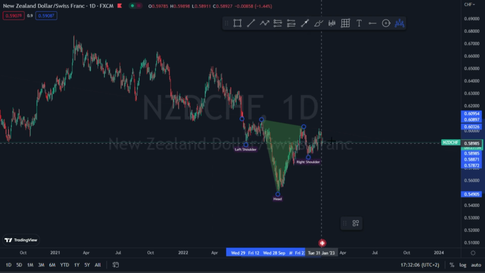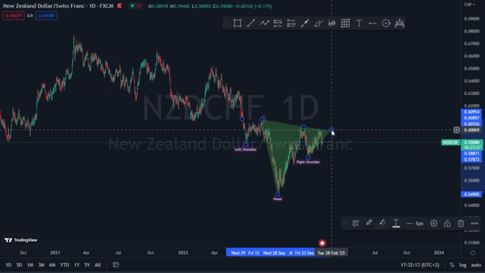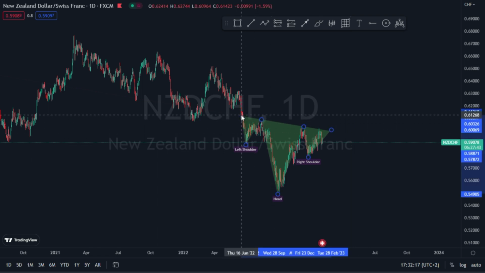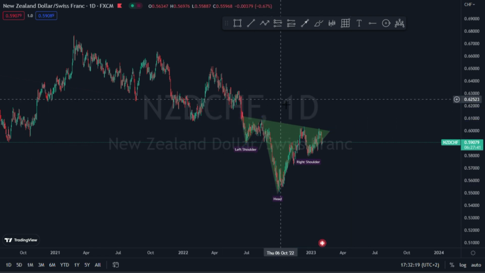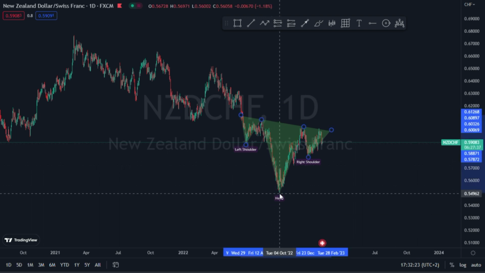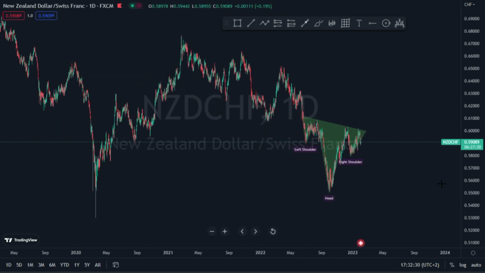So if we look at this right now, I can already see that the market has given us that reversal structure. So reversal structures are more of high quality trades. These are high quality trades.